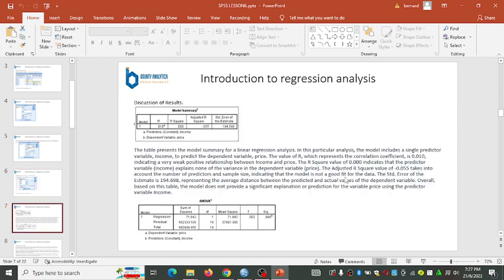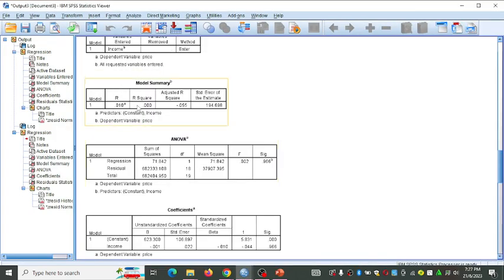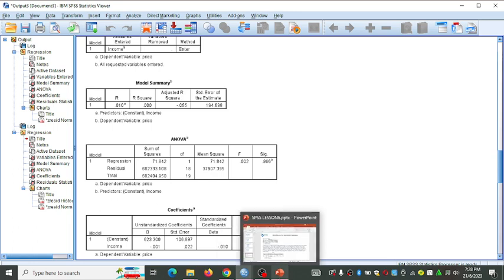Number one, the model summary. This is the second table here. We have an R of 0.10, an R squared of 0.000, and the adjusted R squared.